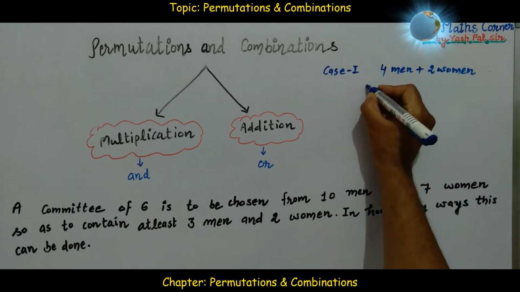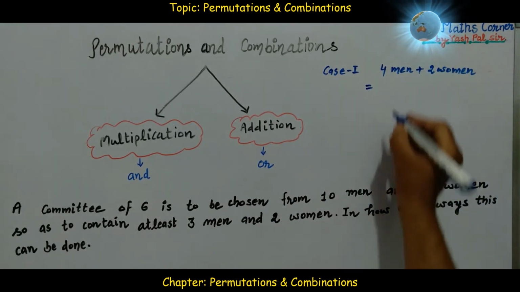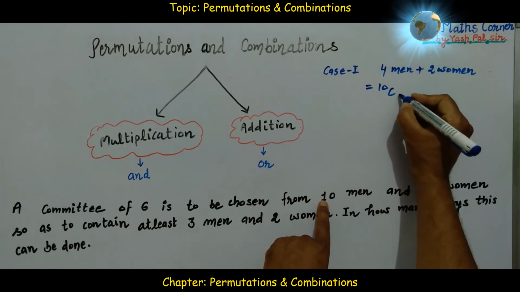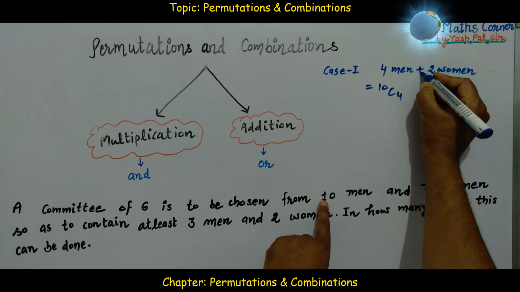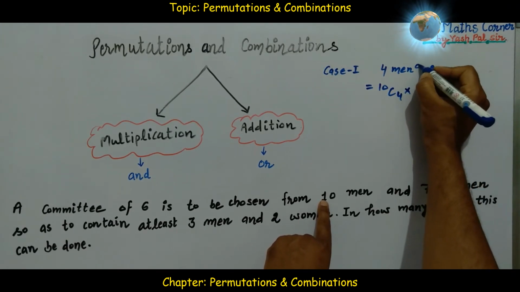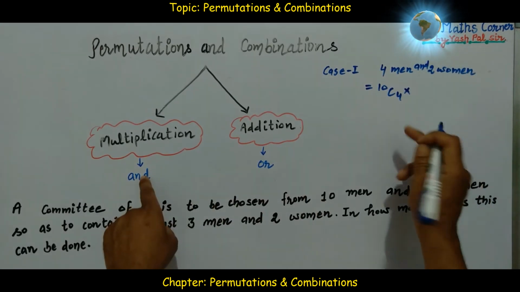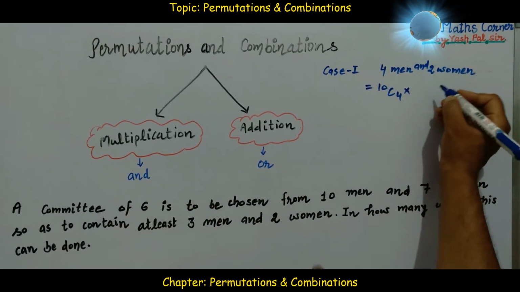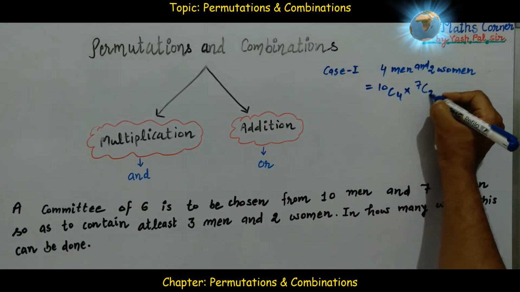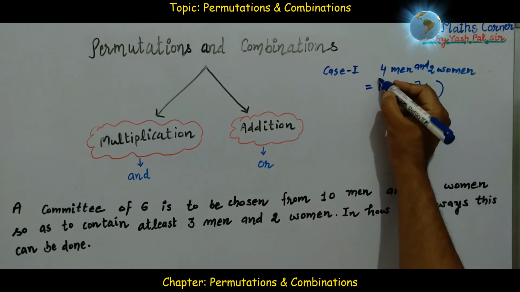Out of 10 men we select 4 men, and, meaning multiplication, 2 women out of 7. Out of 7 we select 2 women. This is case 1.